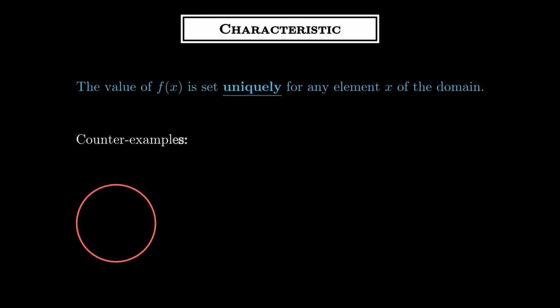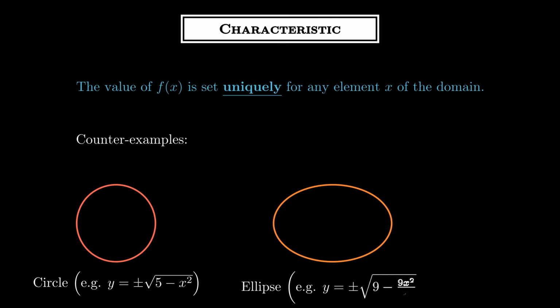In which situation might we not encounter this? Think about a circle drawn on a plane. If I give you a value of x, there are two values of y. And similarly, if I give you an ellipse on a plane, what happens if I give you one value of x? You will have to return two values of y. So these are not functions.